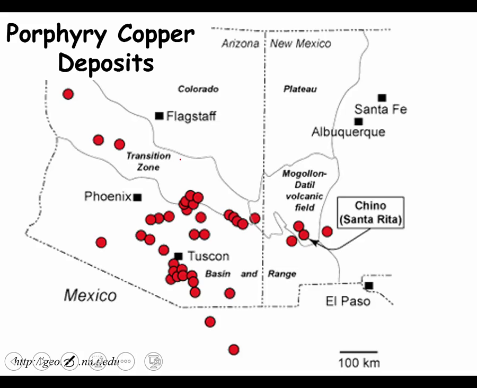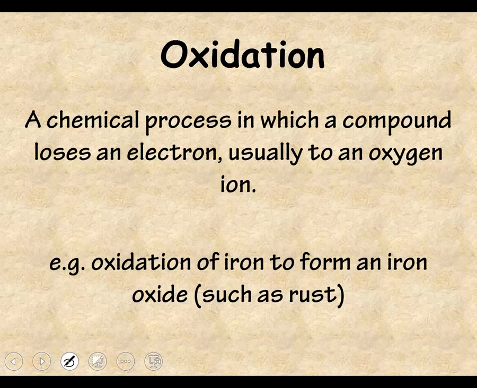But that was an andesitic volcano, and the roots of it, which are now exposed today, is this magma chamber. Okay? So interspersed within, disseminated within those magma chambers is copper, but a very low percentage.